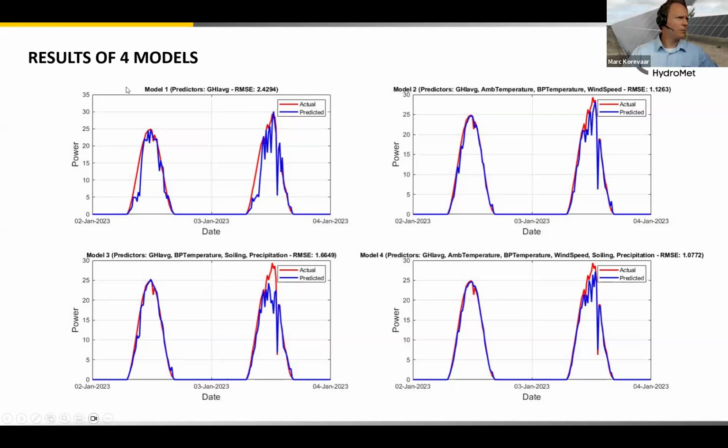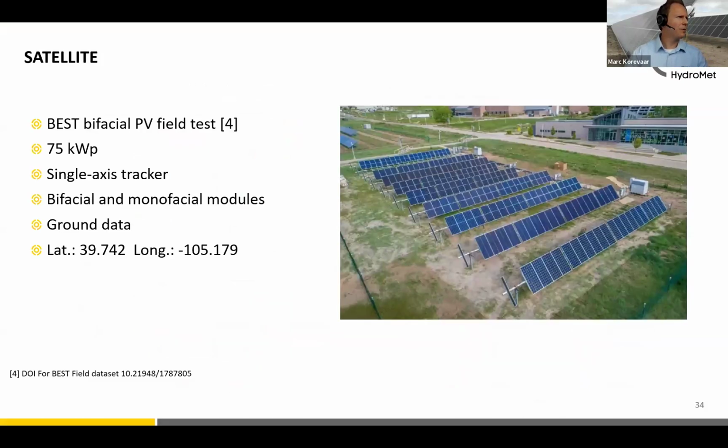The first model does somewhat of a job, but not that good. When adding more sensors and more inputs, you see that the root mean square error value gets better and better. With model 4 having most of the predictors, we get the best match between the predicted and the actual power output.